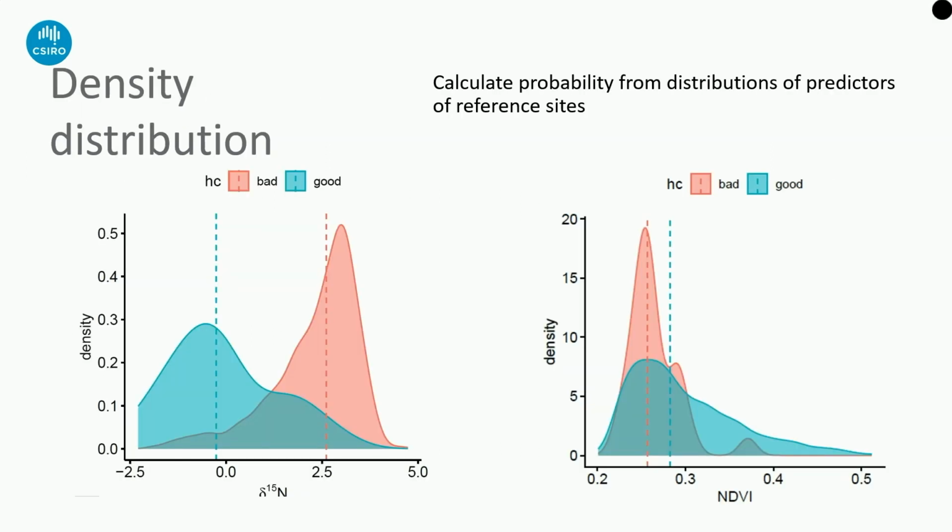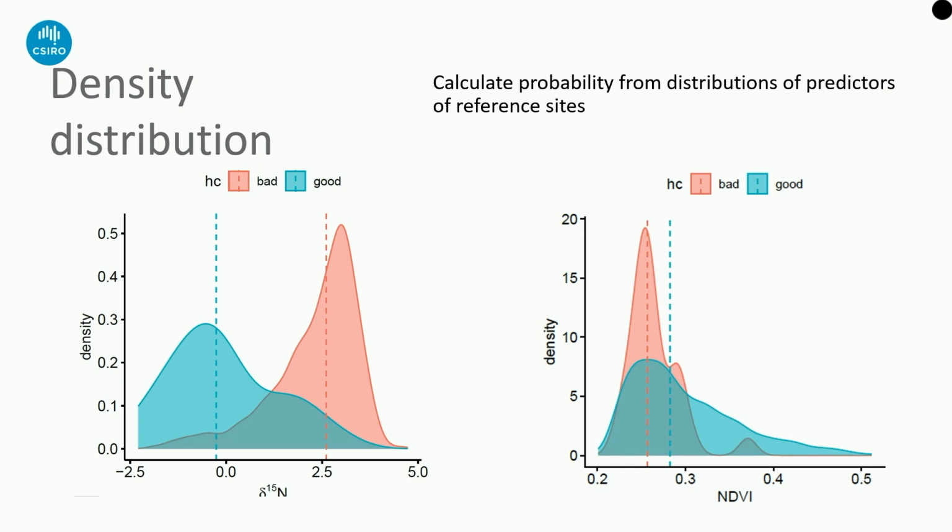Now, with that information of good and bad reference sites, we can construct a distribution of a particular predictor. The example here is this delta 15N value, and if we look at the distribution of delta 15N of all the good sites, we have this blue distribution, and for the bad sites, we have this red distribution.